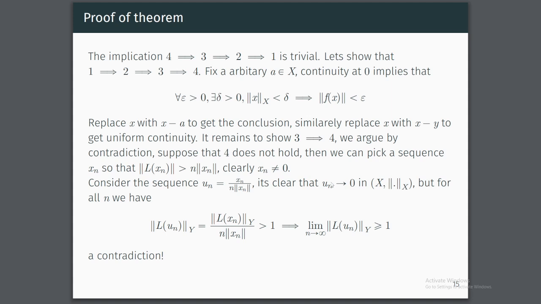Yeah. So un converges to 0. But if we take L of un, because of our assumption, we have that this is greater than 1. Why is this a problem, essentially? Why is this a contradiction?